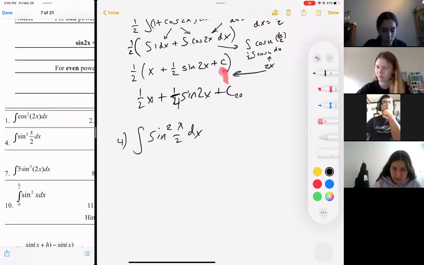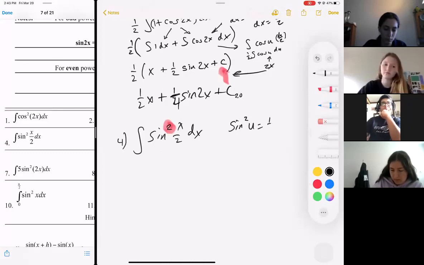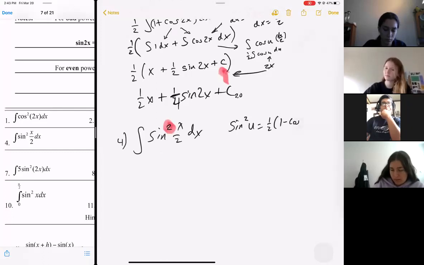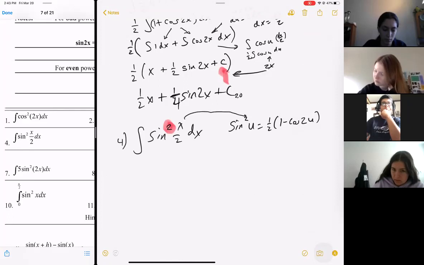As we mentioned before, since it's squared, this is an even function, so we're going to use our identity: sine squared of u is equal to 1/2 times (1 minus cosine of 2u), where u is going to be x over 2.